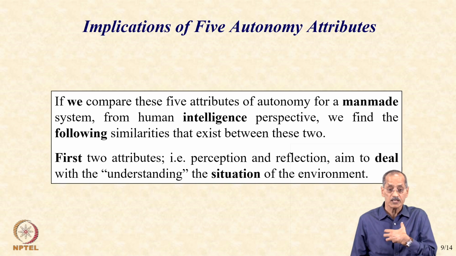What we as humans call "I have understood" is us, in the background, doing these 2 actions: we see a scenario, we perceive it, and we process the data to understand what the situation is all about, or what we call situational awareness.